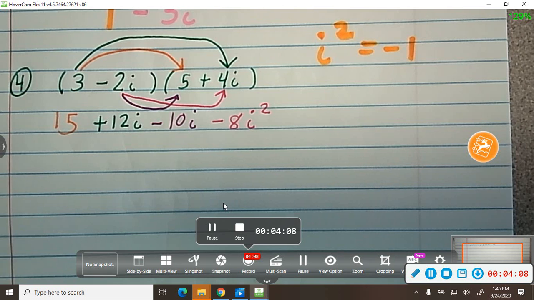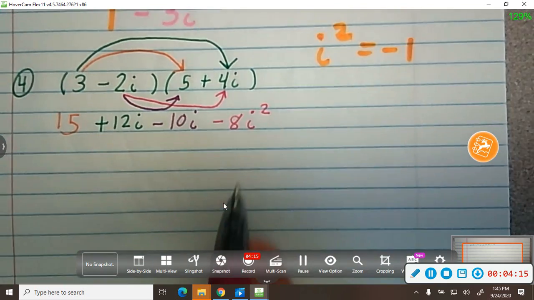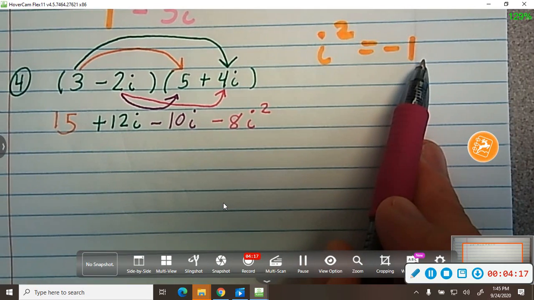Okay, from there, we're going to combine like terms. And actually, before I do that, I'm going to use the fact that i squared is negative 1.